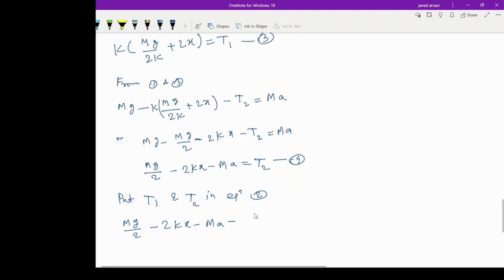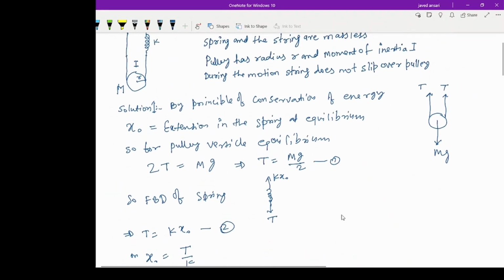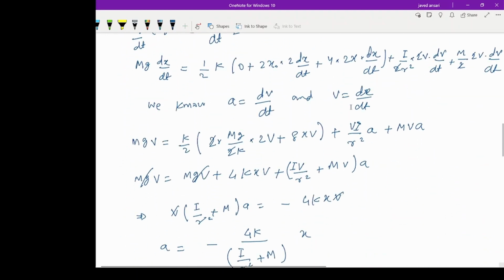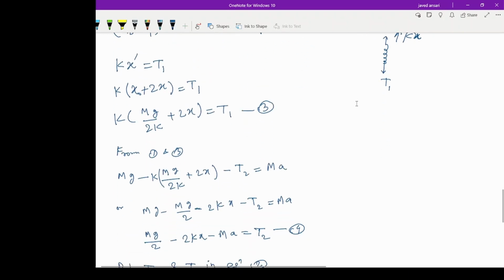T1 we already found, k times mg by 2k plus 2x, right? And all this times R equal to I times a by R.